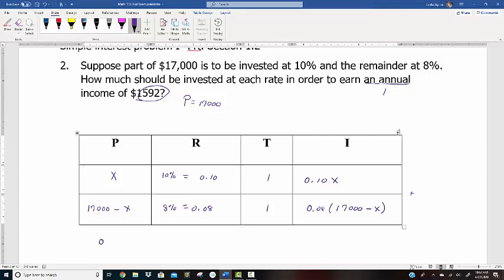So we'll have 0.10x plus 0.08 times 17,000 minus X is going to equal $1,592. So now we've got an equation where we can solve for the first rate.